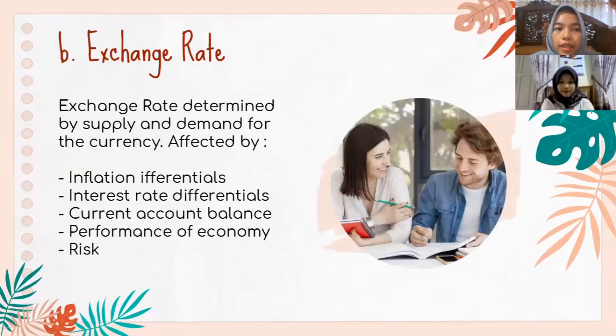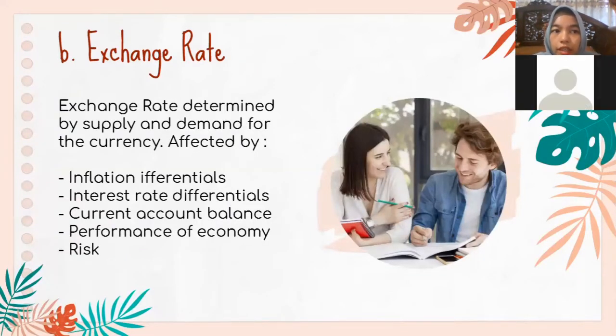Okay, the next factor affecting the economy is the exchange rate. Exchange rates are determined by supply and demand for the currency, affected by first, inflation differential, second, interest rate differential, third, current account balance and the performance of the economy, and the last one, risk.